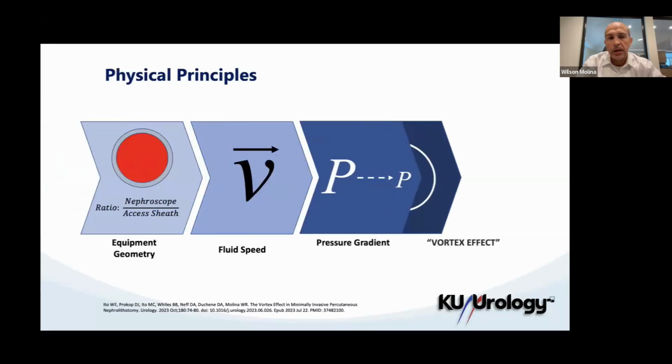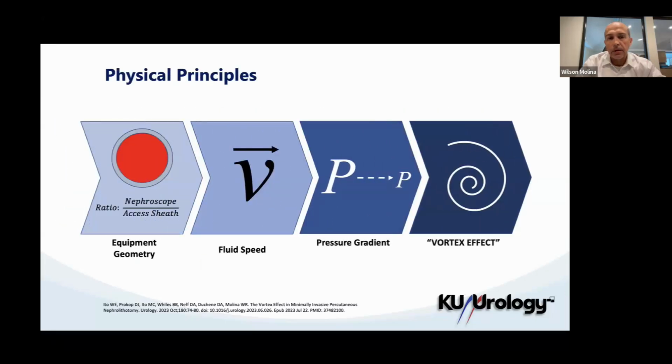So what we learned is that the access sheath matters. I mean, use your 12.5 inches from Karl Storz, and if you use 15, 16, it works if you use 20 French in the same nephroscope.